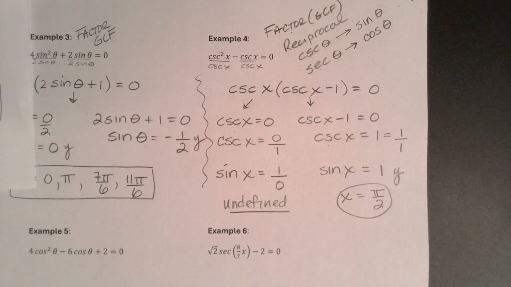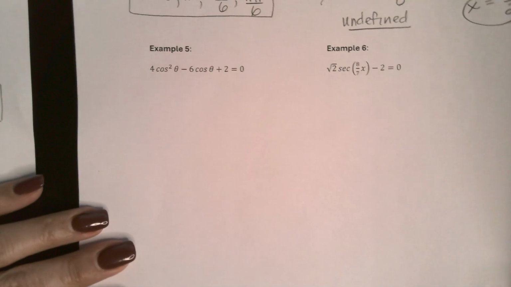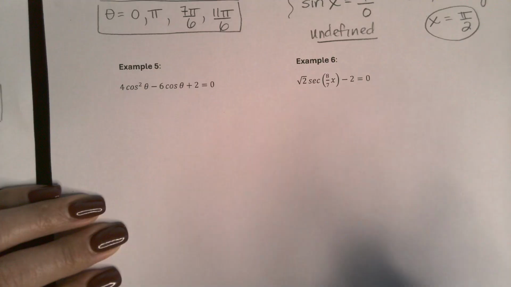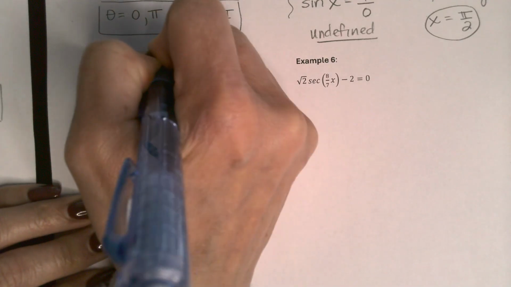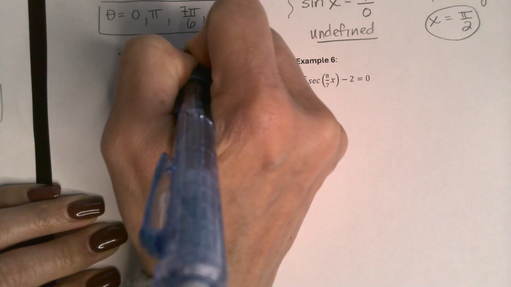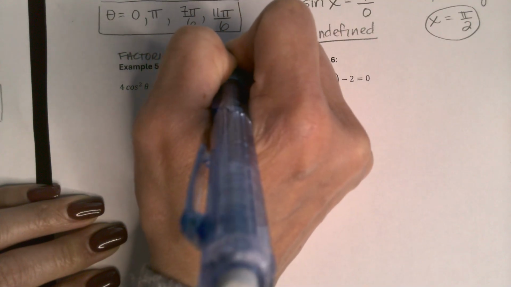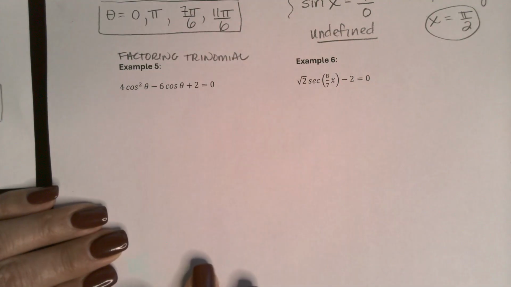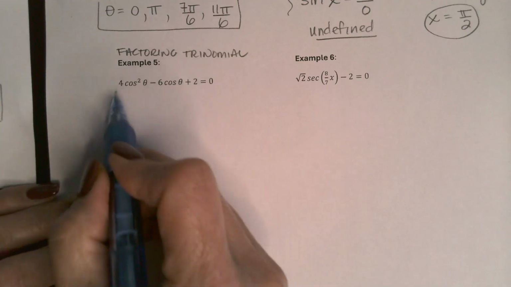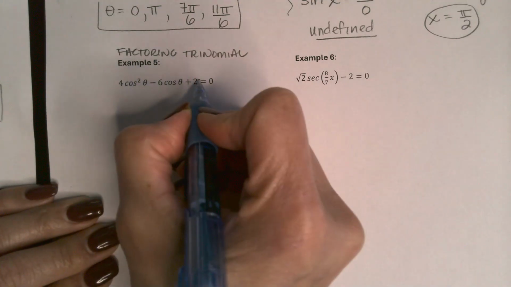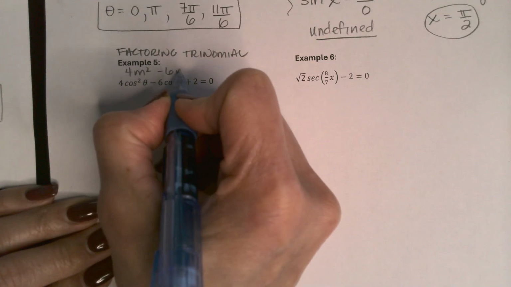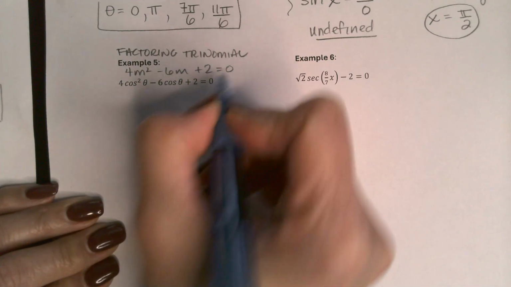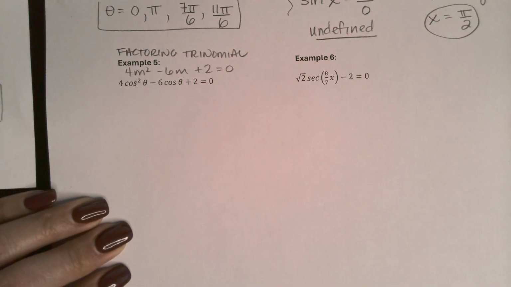All right, 5. More factoring, but this time we are factoring a trinomial. So factoring a trinomial, let us review how to do that. If you want to visualize this trinomial like 4m squared minus 6m plus 2 equals 0, you can visualize it like a polynomial, right?